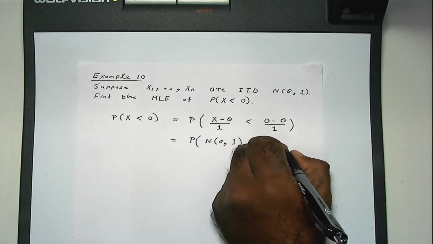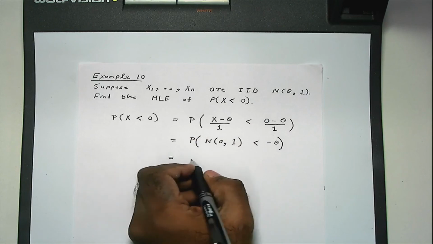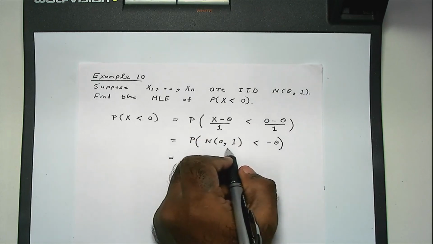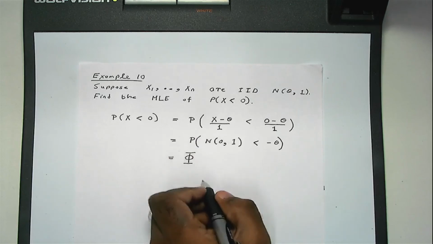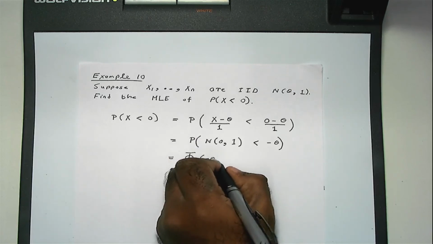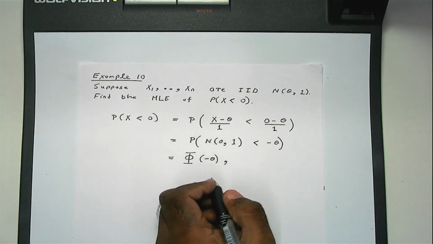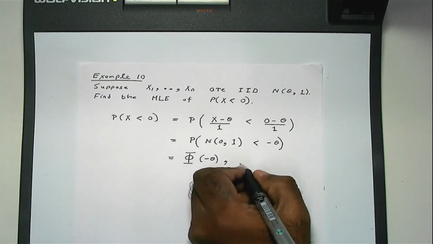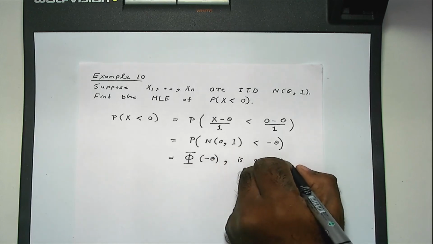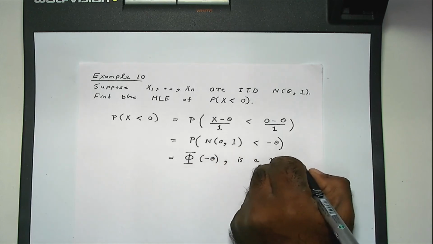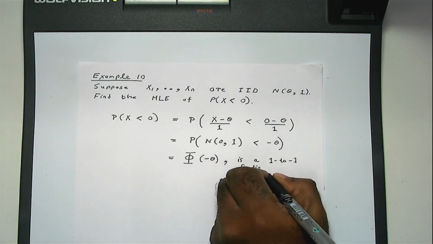And you may recall from earlier that the CDF of a standard normal variable is denoted by capital Phi. And once again, this as a function of theta is a one-to-one function of theta.